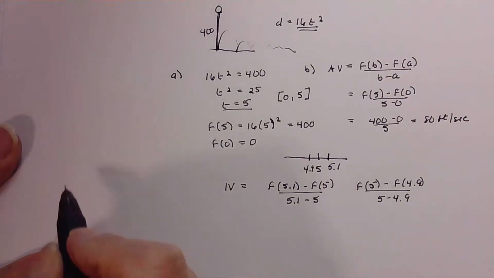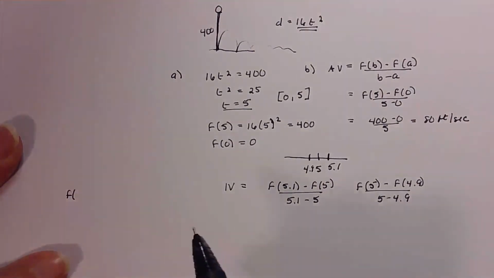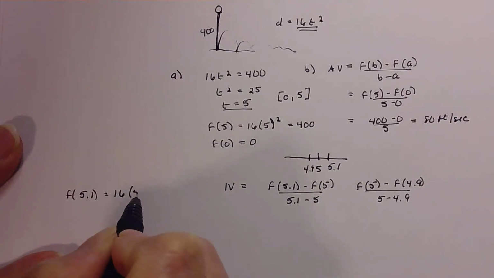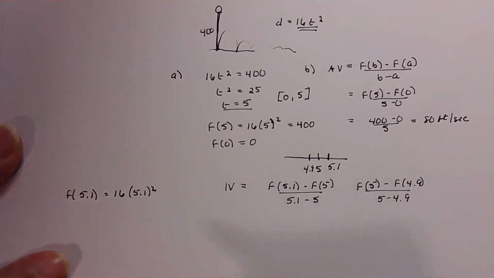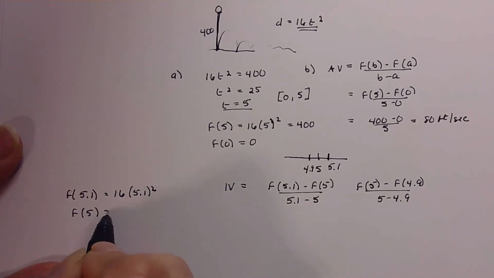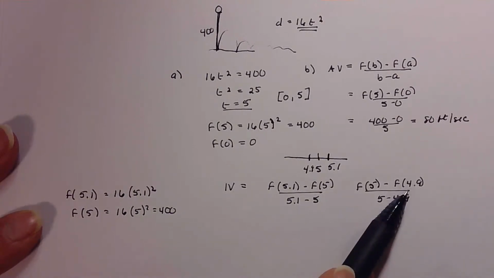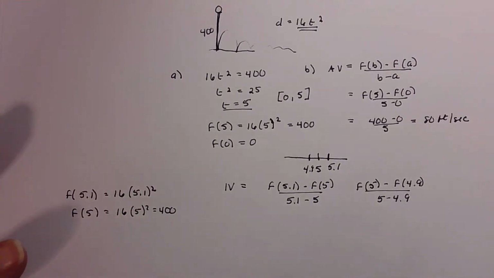So if I come over to the side and I think of f of 5.1, well, that's 16 times 5.1 squared. And f of 5 is 16 times 5 squared, which I know is 400. All right, so this is the one that's a little bit off, the one that I really need to compute.